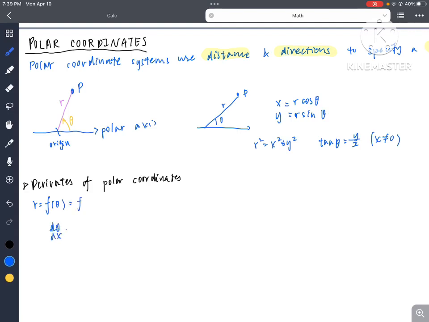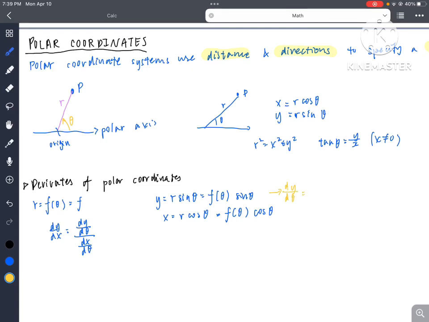Then dy over dx will be dy over d theta over dx over d theta, and then y is equal to r sine theta, or just f sine theta, and then x is r cosine theta, which is f of theta cosine theta.